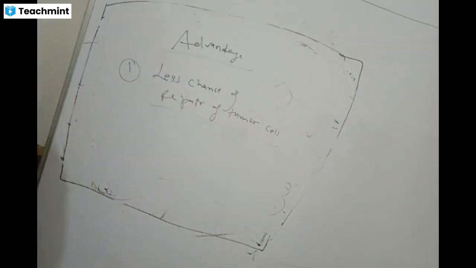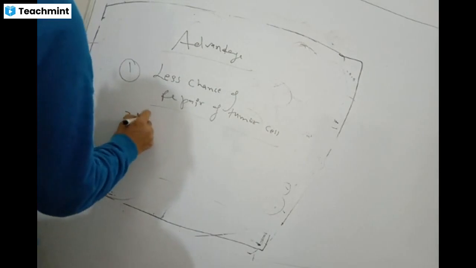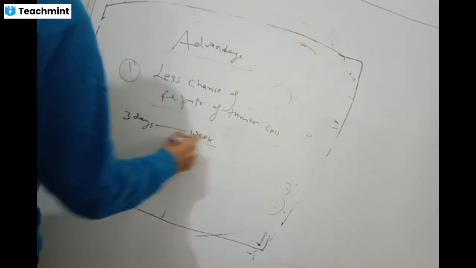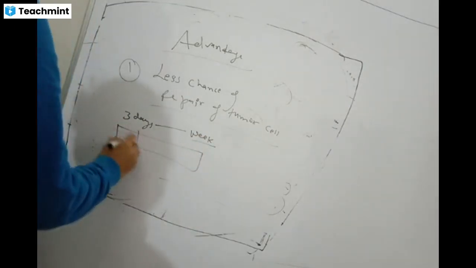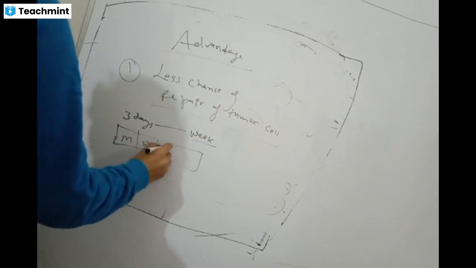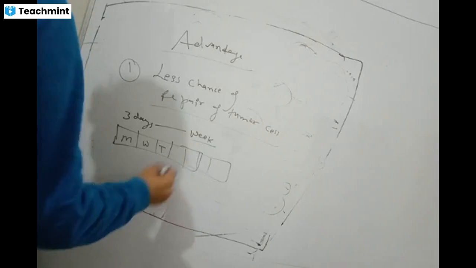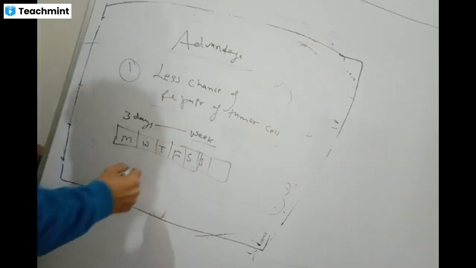If you are giving fractionated therapy, then suppose you are giving 3 days in a week. If you are giving the therapy on Monday, Wednesday, or Thursday, then the remaining days are Friday, Saturday, Sunday.